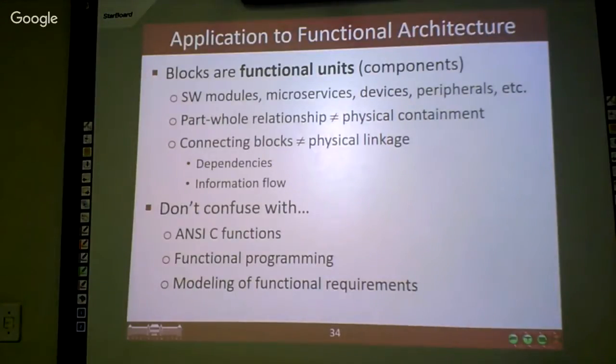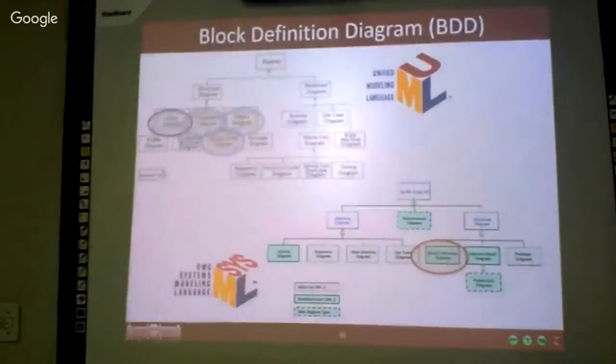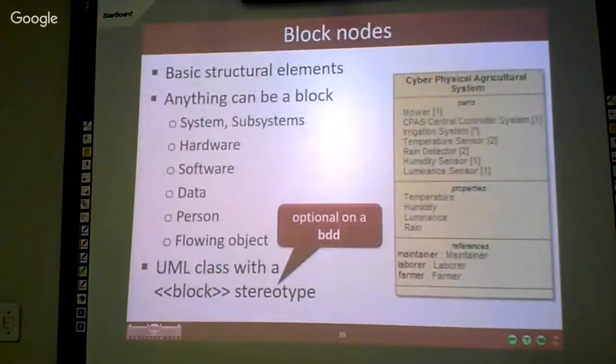So now we have some impression about SysML and structural modeling in SysML, but we should go into the details related to block definition diagrams. As I mentioned, it's a diagram type in SysML that is related to some other UML model. So blocks are noted quite similarly to classes.